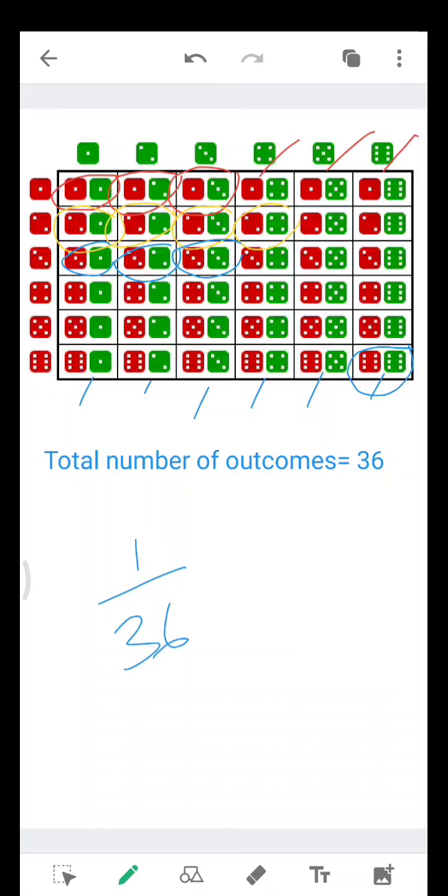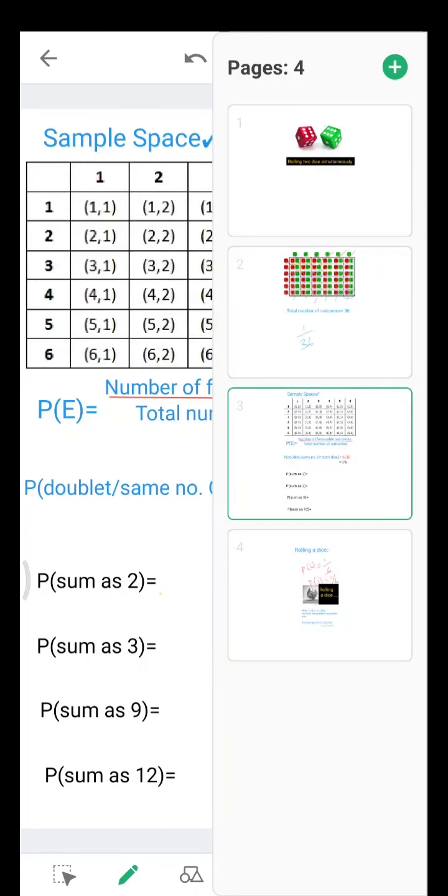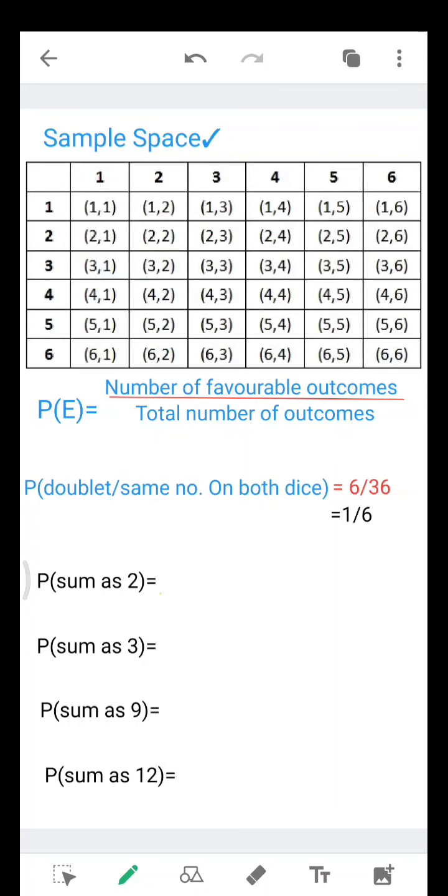Now it's difficult for you to draw these dots and all those things, so to make it easier, we will write the total number of outcomes in this way. You can see here, these are the numbers 1 to 6 on the first dice, and these are the numbers 1 to 6 on the second dice.